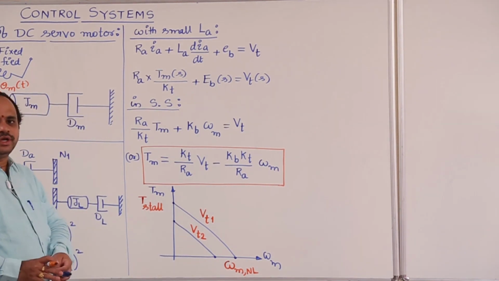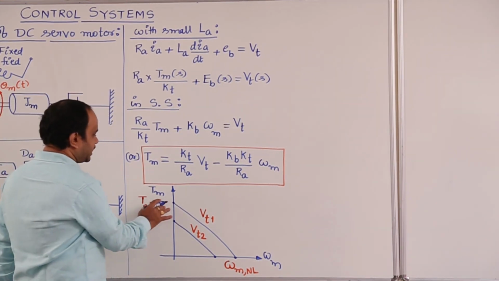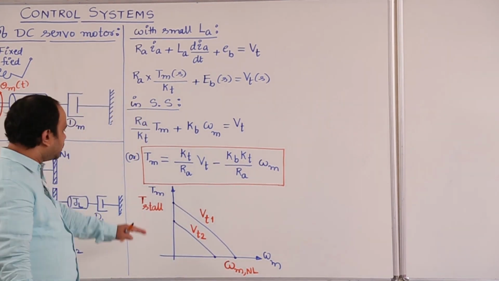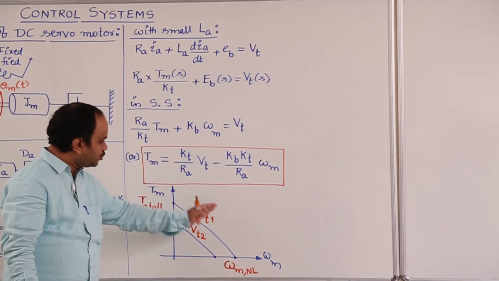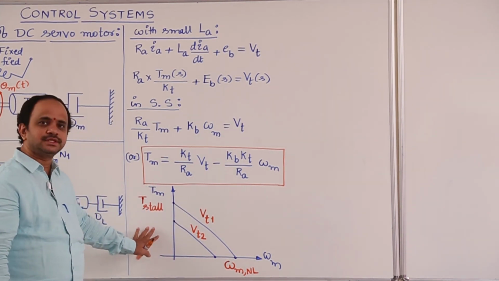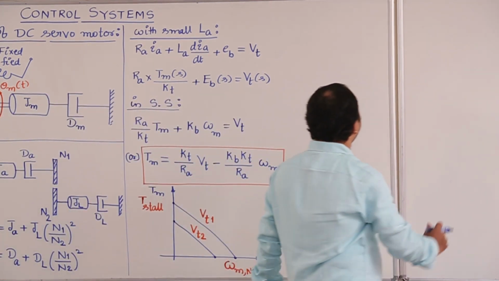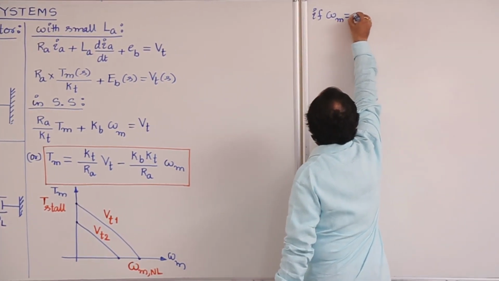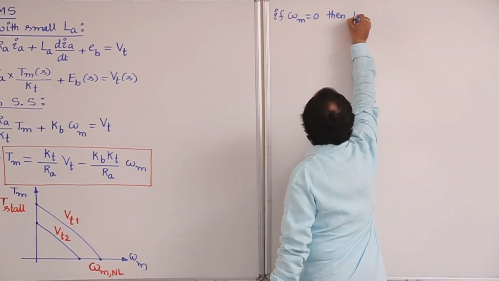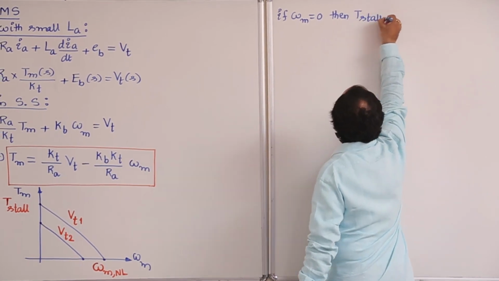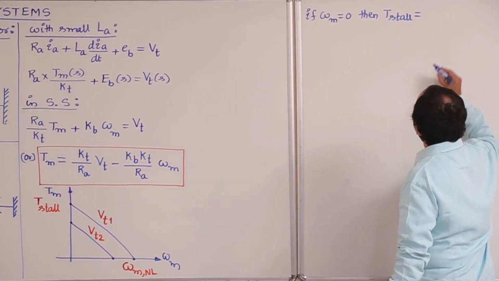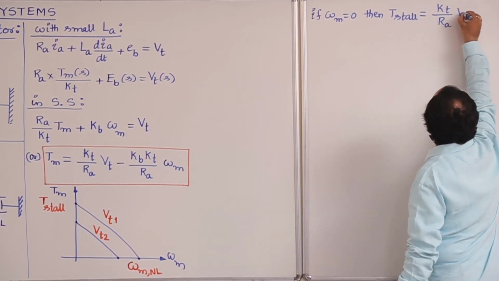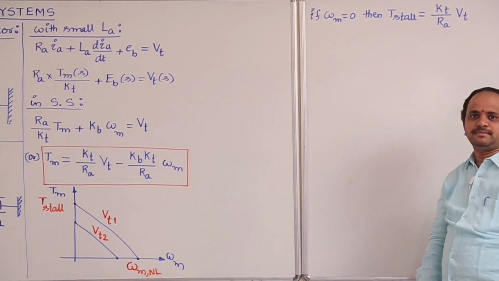Generally while doing numerical examples, these characteristics will be given. Accordingly you can find the machine constants. Now let us see the simple equations, how to get the machine constants by using these curves. Using this equation, if omega m is equal to 0, then we get stalling torque is equal to Kt upon Ra multiplied with Vt.